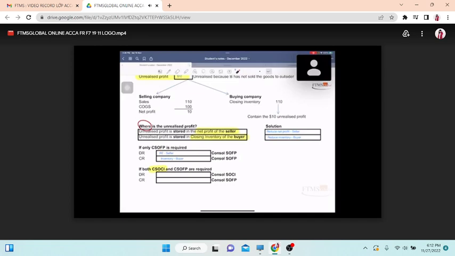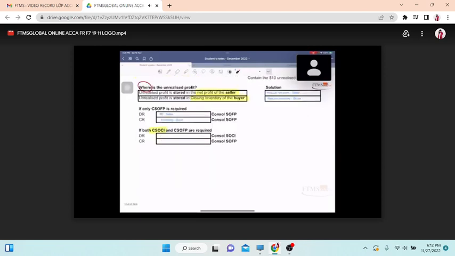So if the question asks you to do a P&L, how will you incorporate this part, reducing the net profit? Very simple. Firstly, you must be very clear in your mind what your objective is.